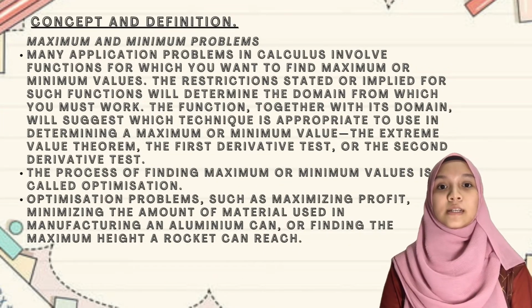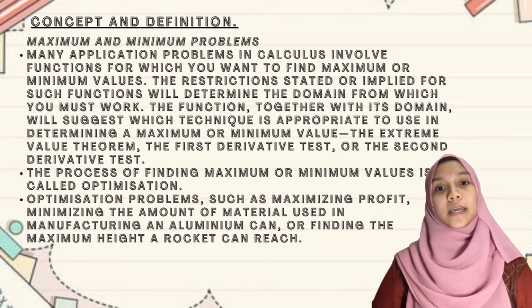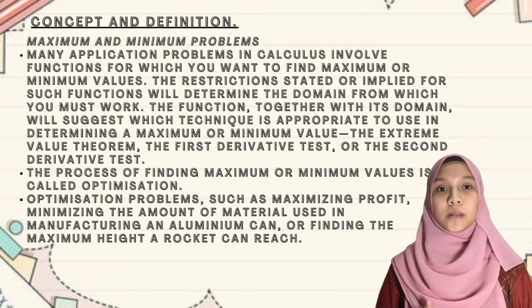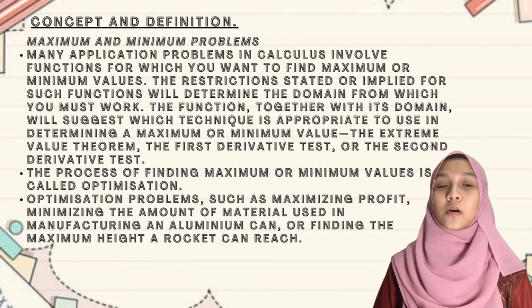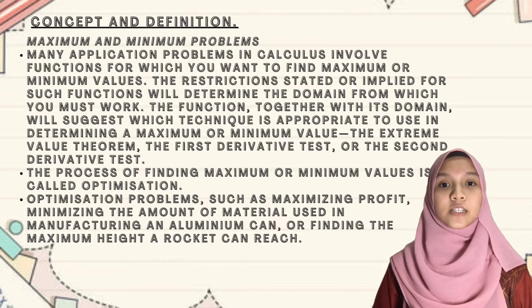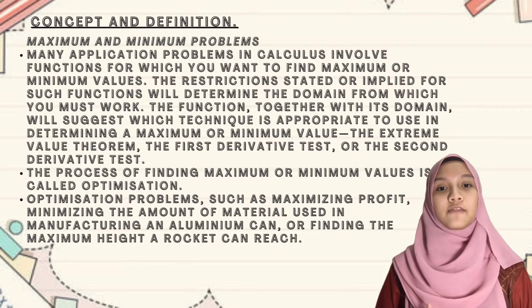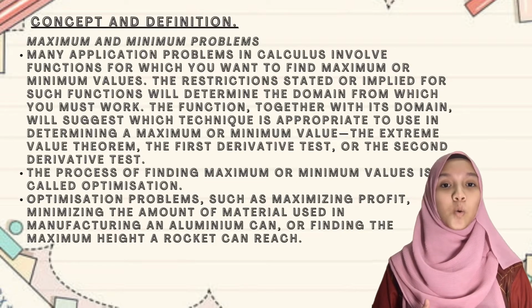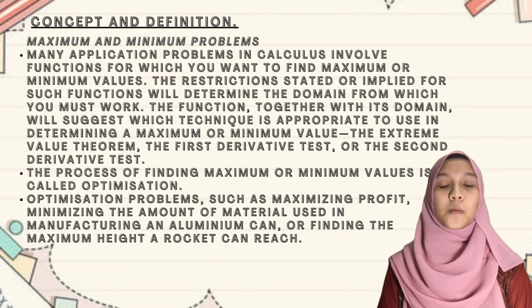Next, we move to the concept and definition of maximum and minimum problems. Many application problems in calculus involve function for which you want to find maximum or minimum values. The restriction stated or implied for such function will determine the domain from which you must work. The function, together with its domain, will suggest which technique is appropriate to use in determining a maximum or minimum value.